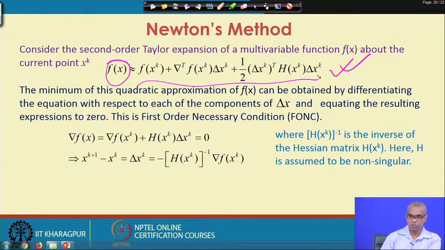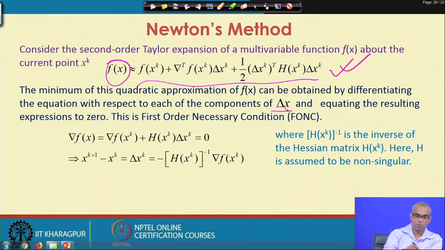That means we have to differentiate the function with respect to each of the components of delta x, and set the resulting expressions to 0.